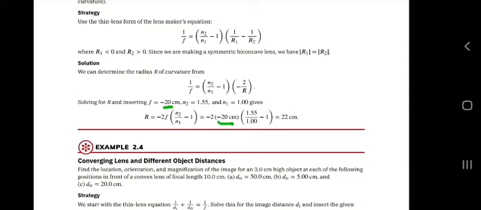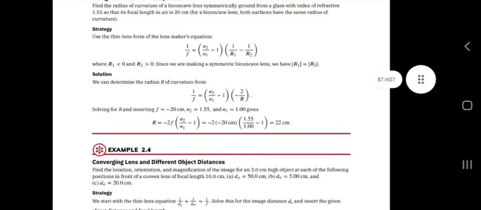Then our n2 is 1.55, then we substitute it. Then our n1 is 1, then minus 1. So simplify, and we get the radius of curvature equal to 22 cm.